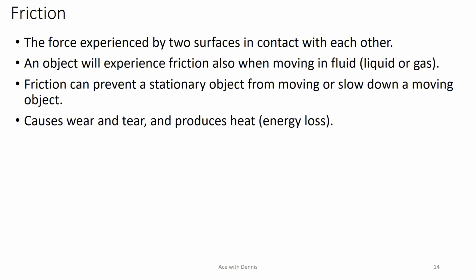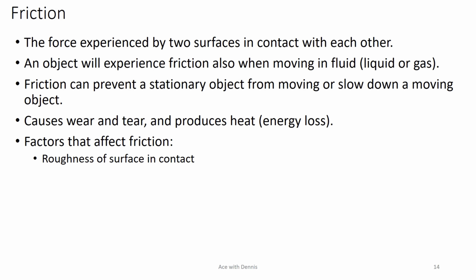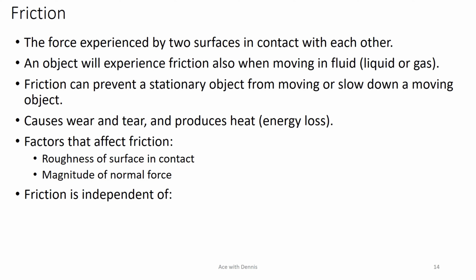It causes wear and tear and produces heat, which in the end is energy loss. There are a few factors that can affect friction. The first one is the roughness of the surface in contact, and the magnitude of normal force. Friction is independent of the surface area of contact and temperature.